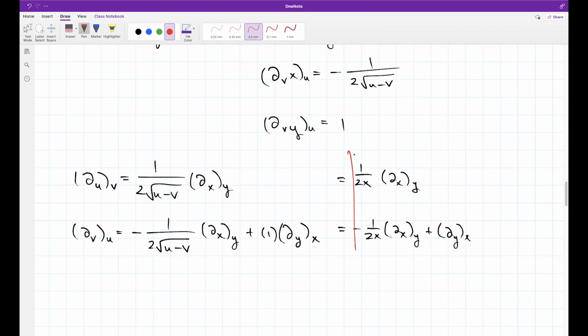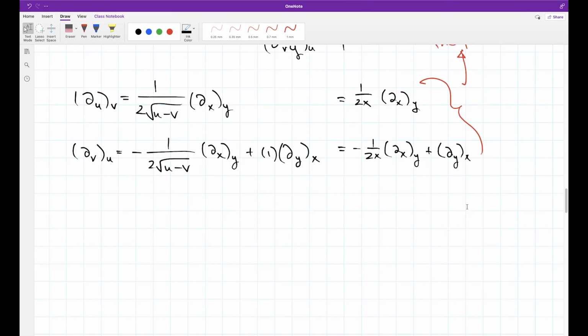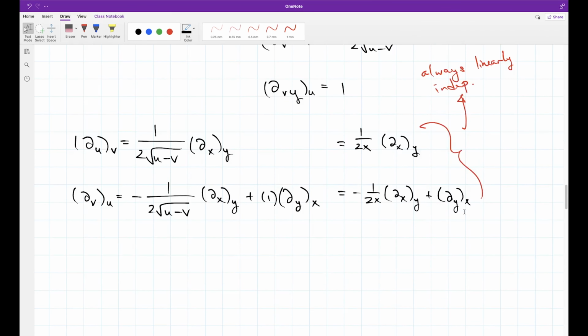So I'm going to note, maybe here, these are always linearly independent, which is not too hard to see because we have the same vector except negated for this first component, and then we have a second component. So I'll allow you to go ahead and prove that that means that they are always linearly independent.